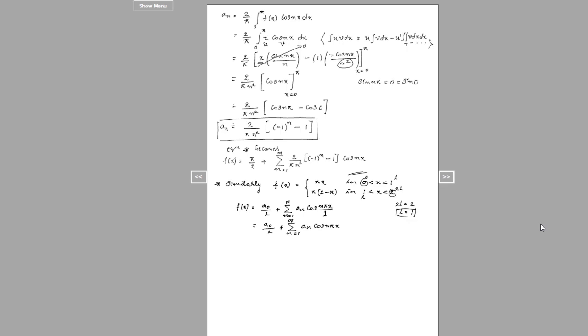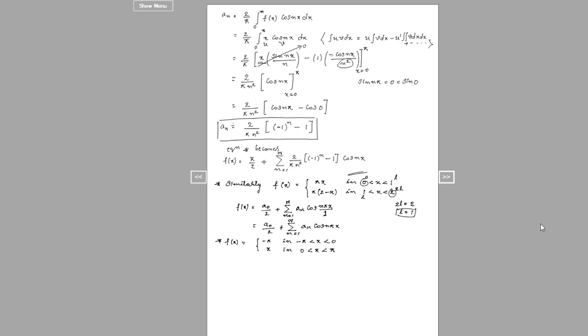Consider the problem: f of x equal to minus pi in minus pi less than x less than 0, and x in 0 less than x less than pi.